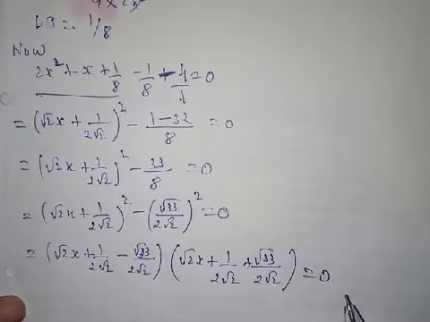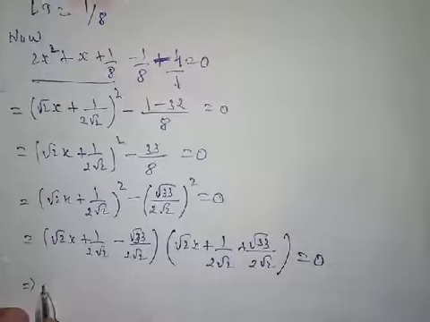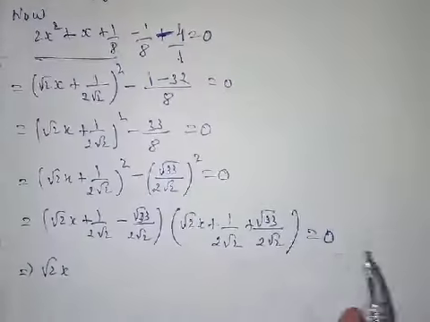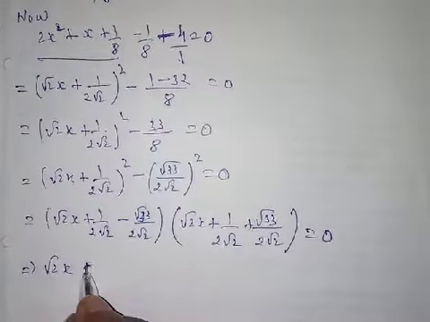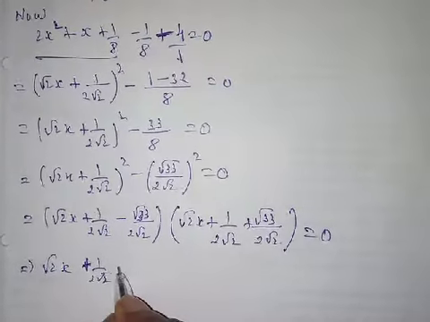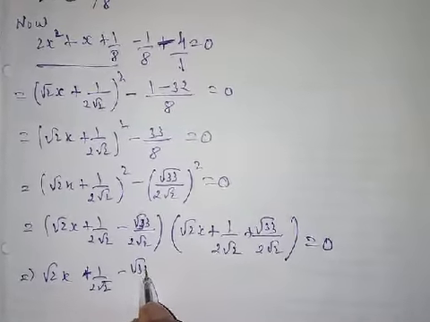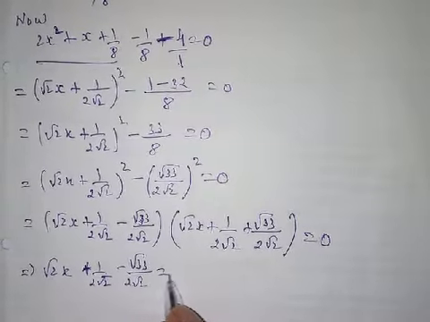Okay, so what we get here is root 2x plus 1 by 2 root 2 minus root 33 upon 2 root 2, equal to 0.